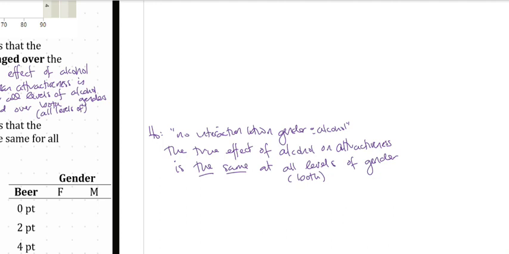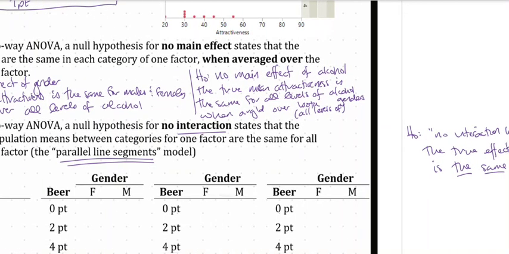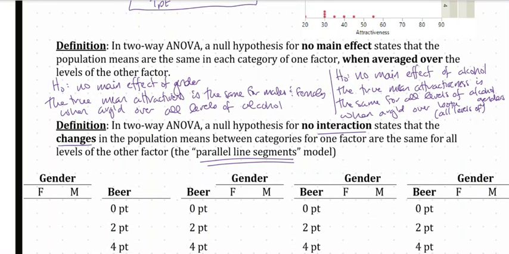So if there is no interaction, we're going to have the same change for alcohol when we go from 0 to 2 and 2 to 4 for males, and it's going to be the same change for females. So what might that look like if we have these null hypotheses?